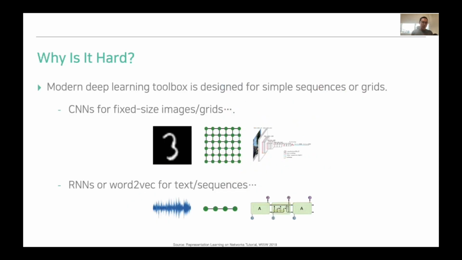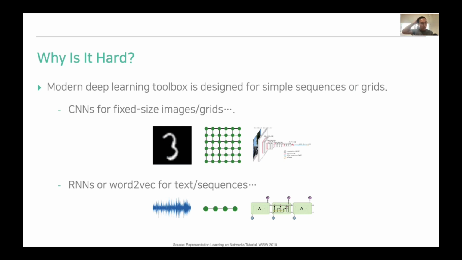So why is it hard? The modern deep learning toolbox, such as CNN and RNN, works pretty well in image processing and text analysis, but they assume a fixed size or fixed locality.